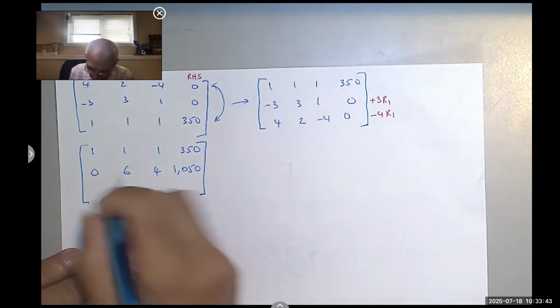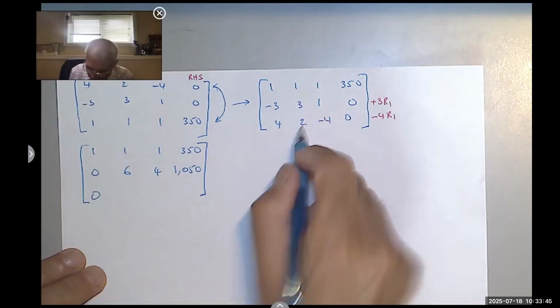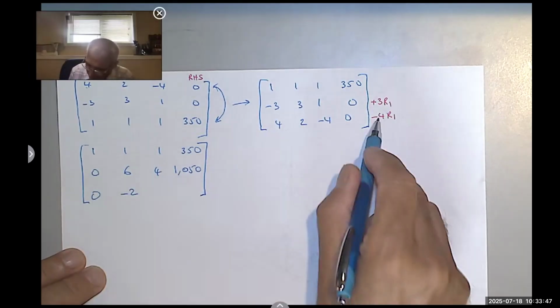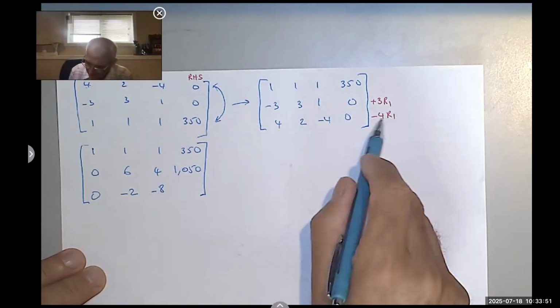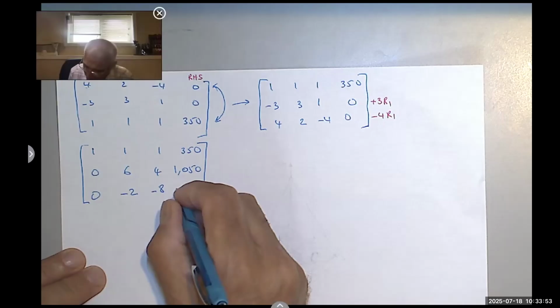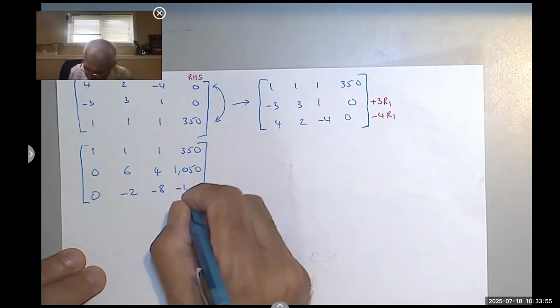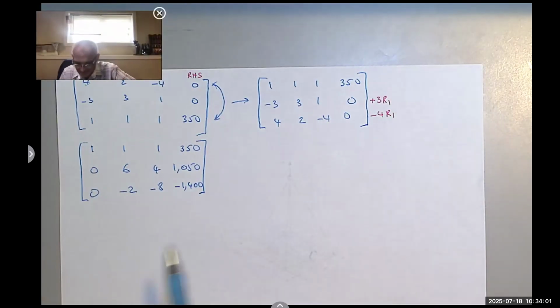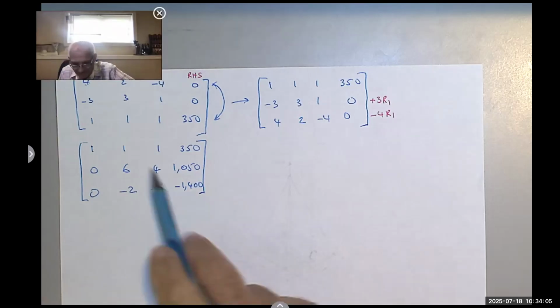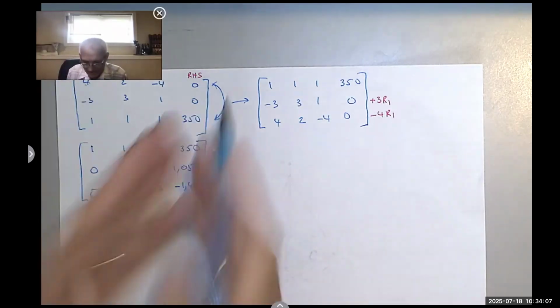Negative 4 plus 4 is 0. Negative 4 plus 2 is negative 2. Negative 4 minus 4 is negative 8. And then negative 4 times 350 would give you negative 1400. I notice here that I now move to the second column.